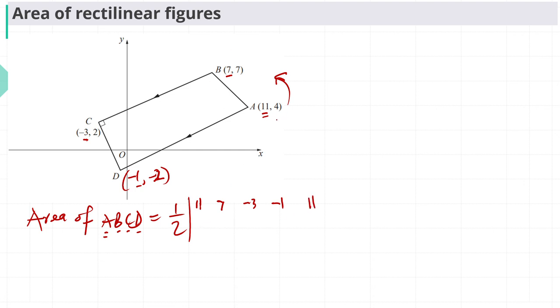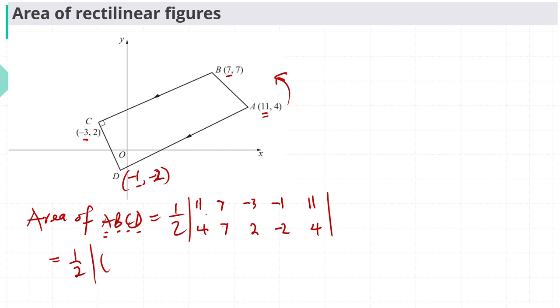Do same for y. Starting from A, y is 4. Move to B, y is 7. Move to C, y is 2. Move to D, y is minus 2. Move to A, come back to where you started from, y is 4. So now area is equal to half multiplying absolute of.